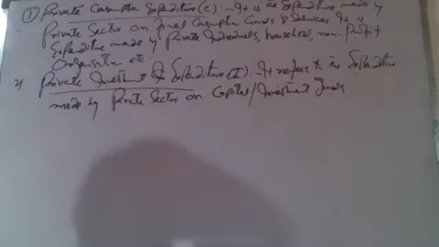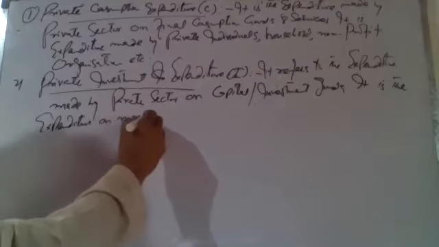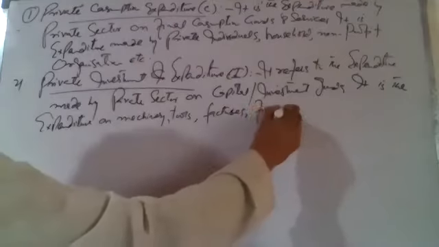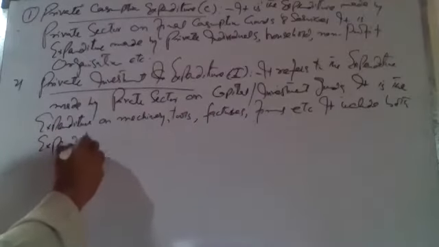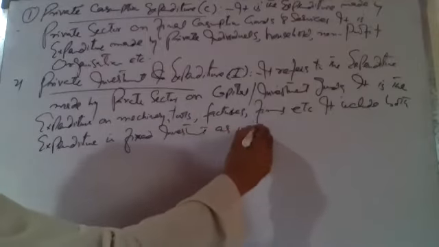It is the expenditure on machinery, tools, factories, firms, etc. It includes both fixed investment and inventory investment.